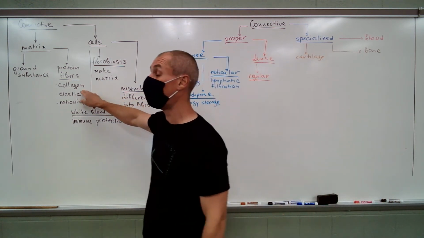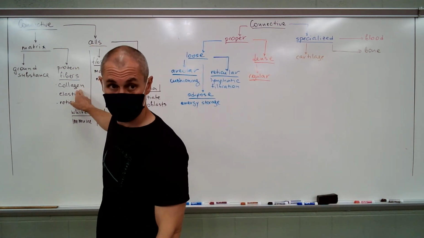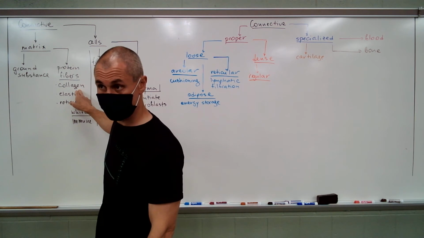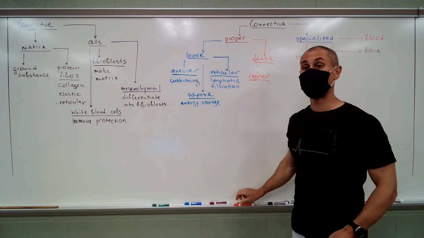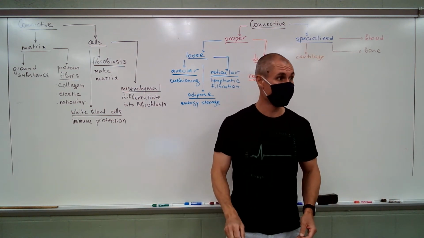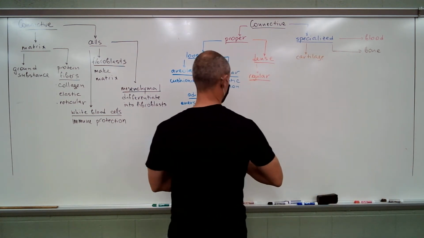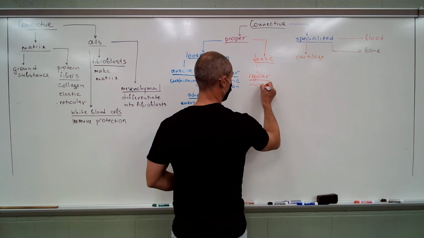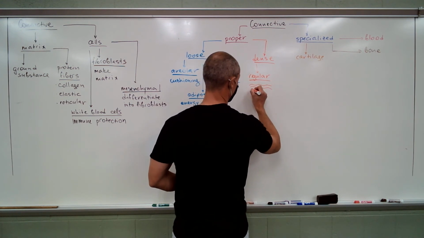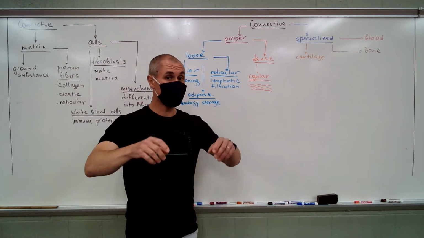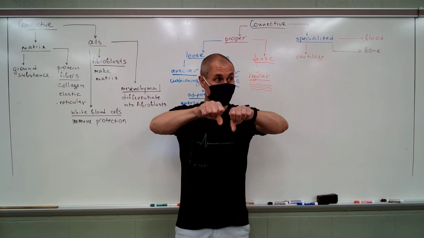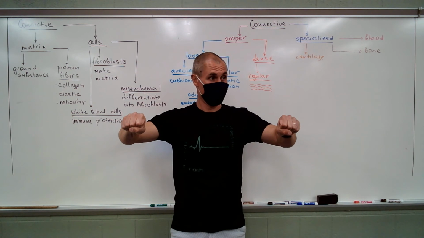Because it has a lot of collagen fibers. Make sense? Now, in dense regular connective tissue, collagen fibers are nicely aligned like this. So it can withstand a substantial tension.